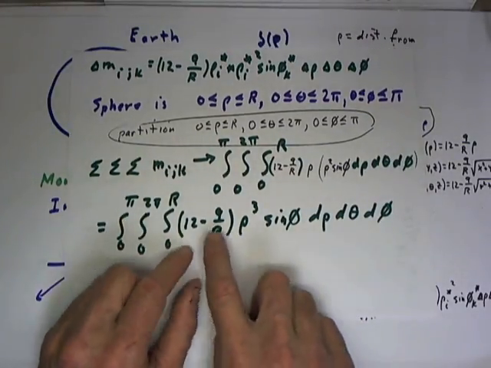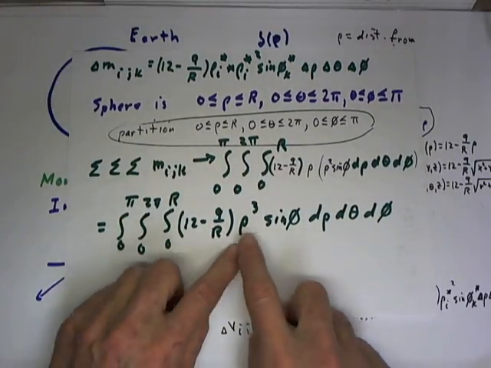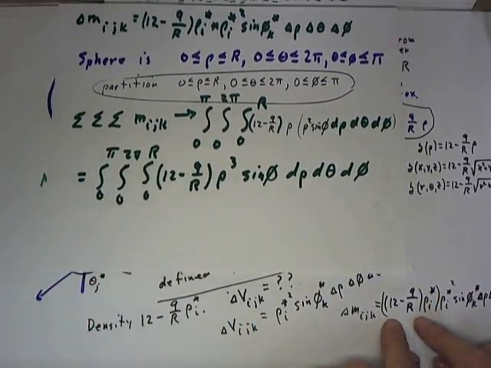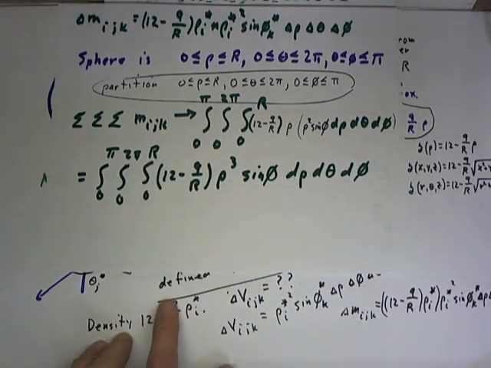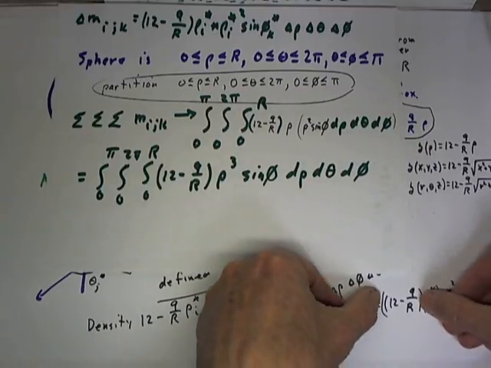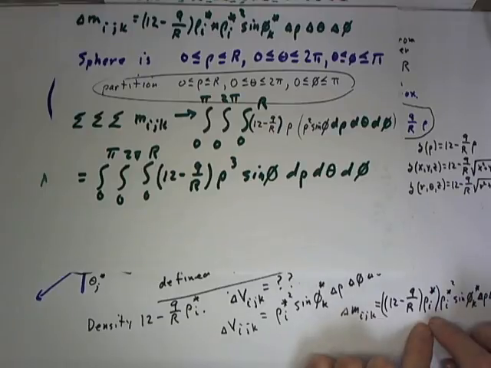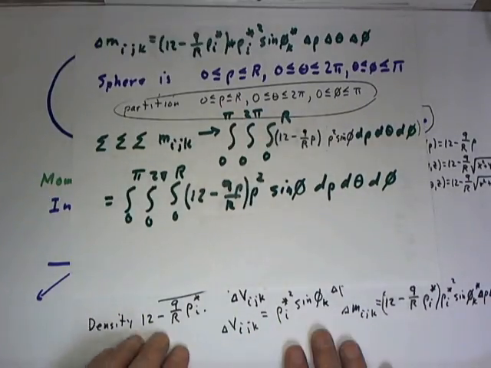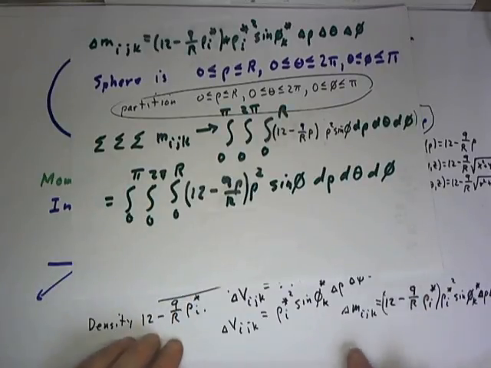Now I've just noticed that what I've got here doesn't make any sense at all, because I wrote something down carelessly way back here. The density is 12 minus 9 over r times rho sub i star, not the quantity 12 minus 9 over r times rho sub i star. Okay, I've made some repairs here.